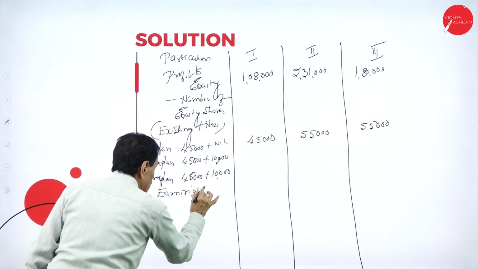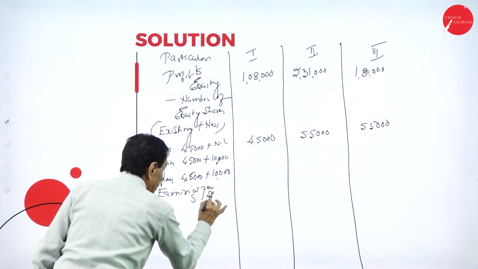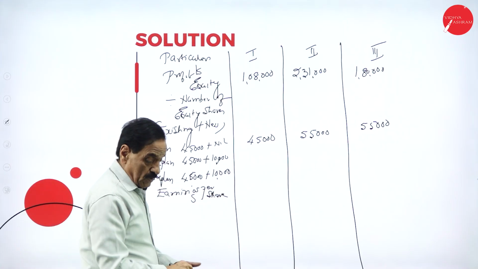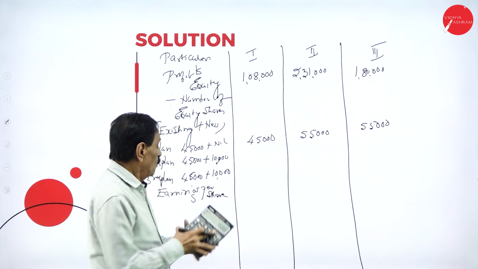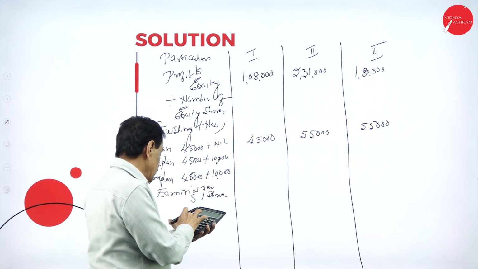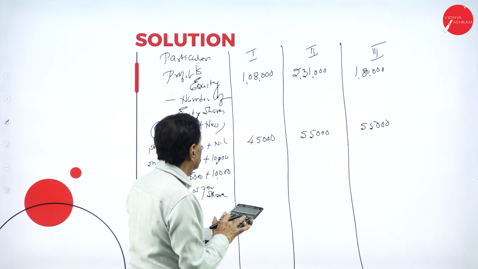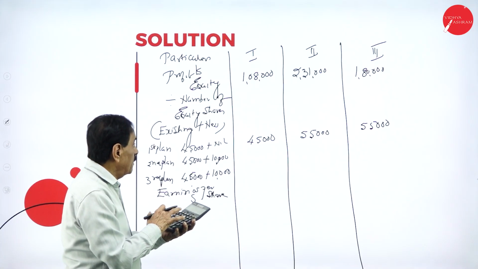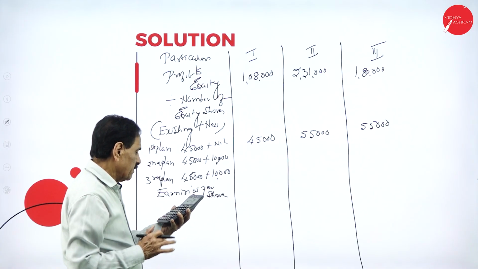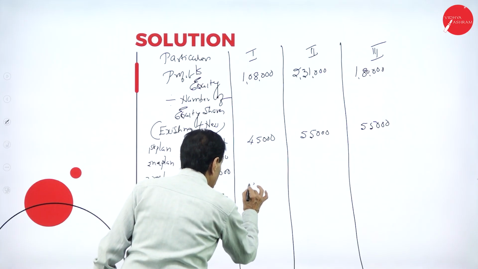Earnings per share. 1,08,000 divided by 45,000 is 2.4.